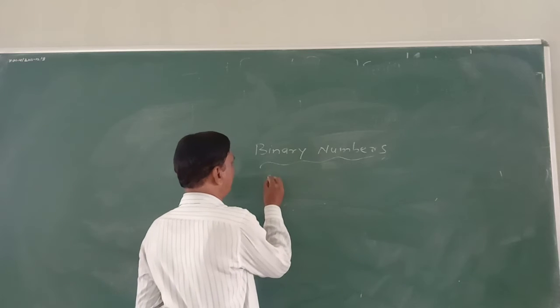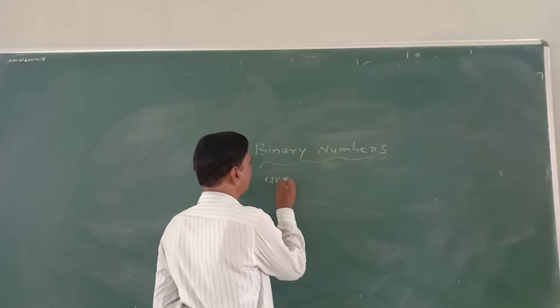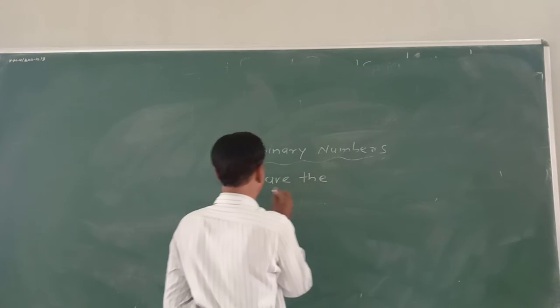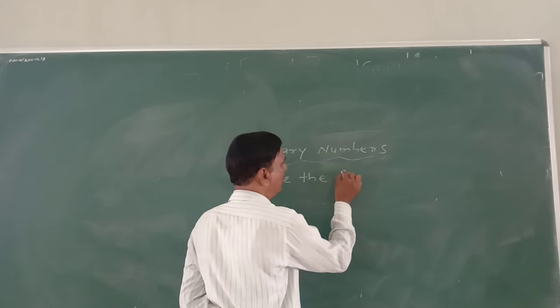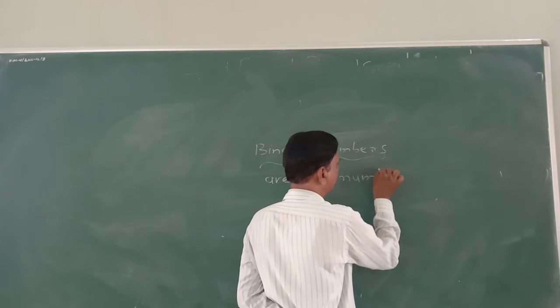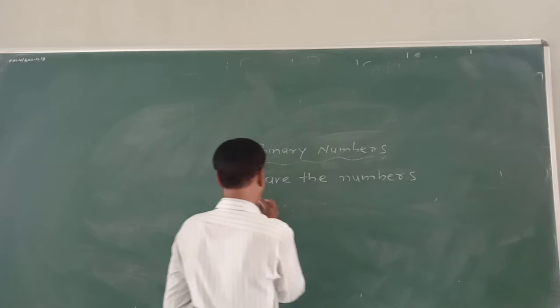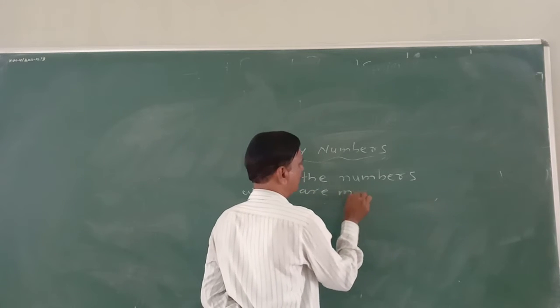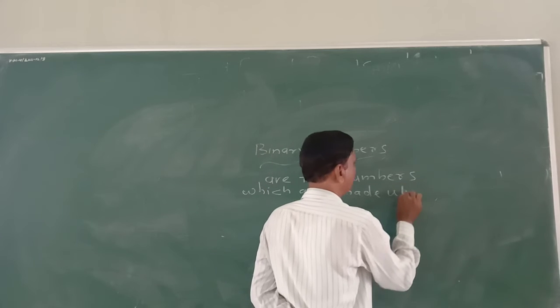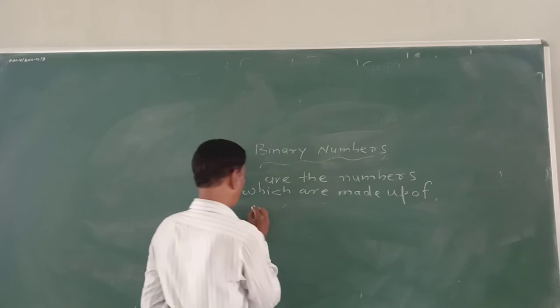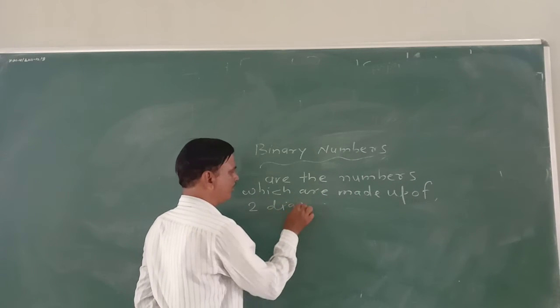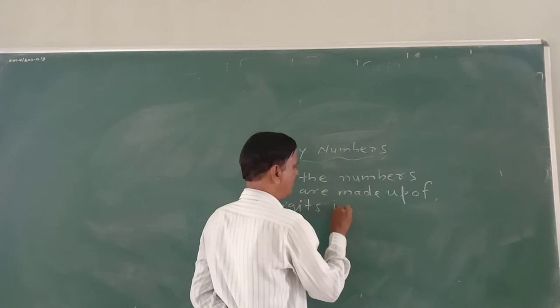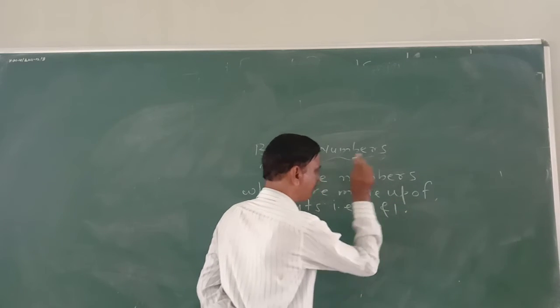Binary numbers are the numbers which are made up of 2 digits, only 2 digits, that is 0 and 1.